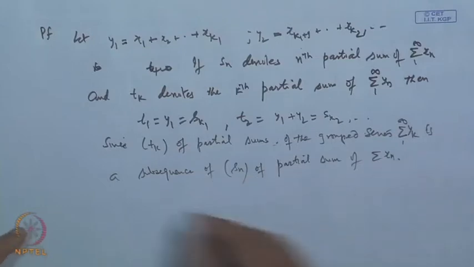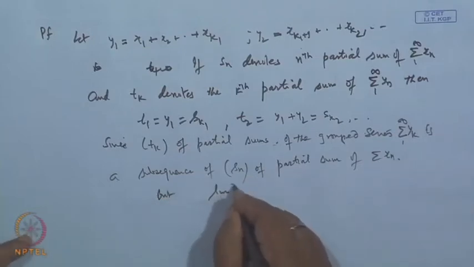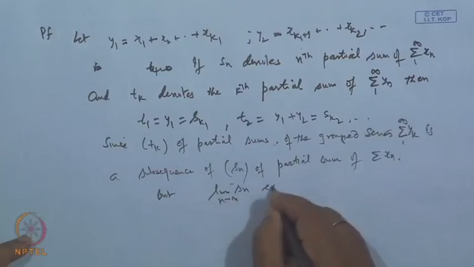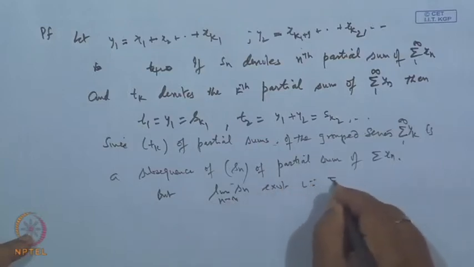So, therefore, the limit of S n as n tends to infinity exists, because the series is convergent.